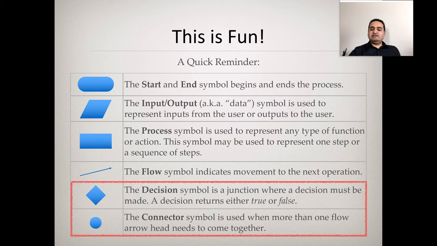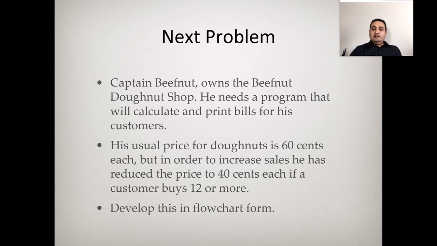So now let's look at one example in which we will be using the decision, which is for conditions, and also the connector. Think about Captain Beefnut, who owns a Beefnut donut shop, and he decided that he wants to give a discount if an individual buys 12 donuts or more.